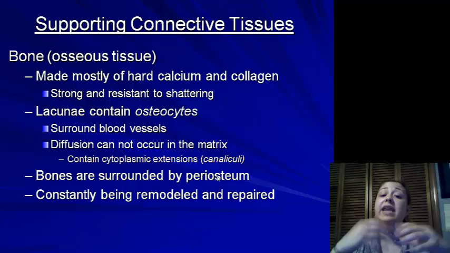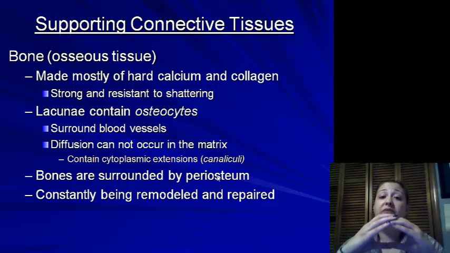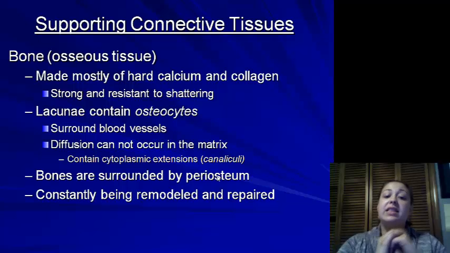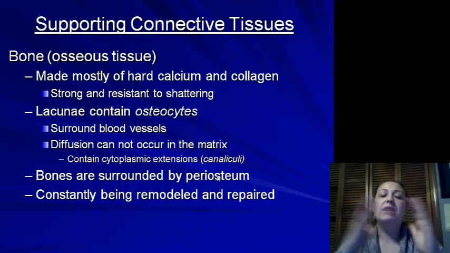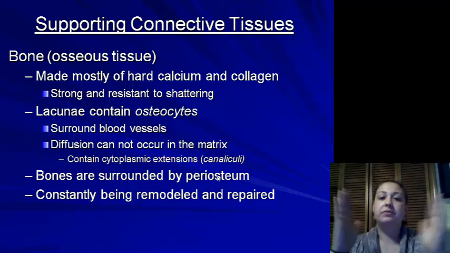The lacuna containing the osteocytes surround blood vessels. Since diffusion cannot occur in the matrix, the bone contains cytoplasmic extensions called canaliculi that allow nutrients and blood to get to the osteocytes. Bones are also surrounded by a periosteum, and bone is constantly being remodeled and repaired.